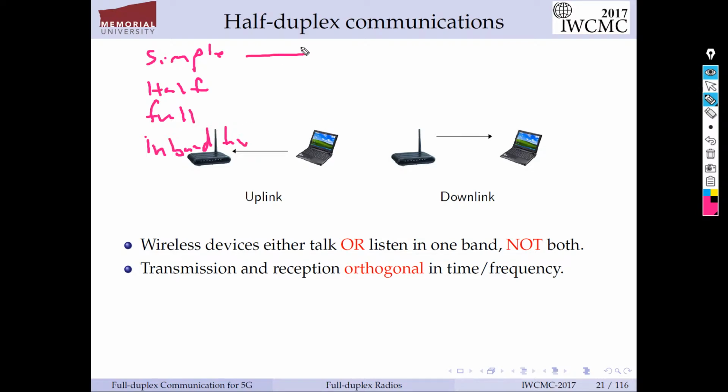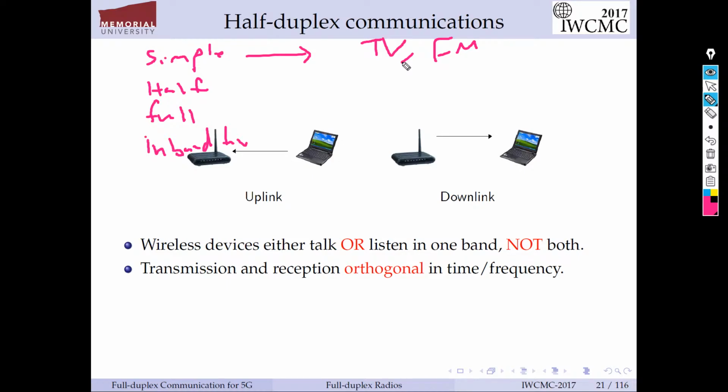So what's simplex? Simplex is for the transmission systems that send the data just in one direction. Example, TV signal from the satellite to your dish at home. FM station transmitting continuously information in the downlink direction to your antenna, to your radio, whatever. So these we call simplex.